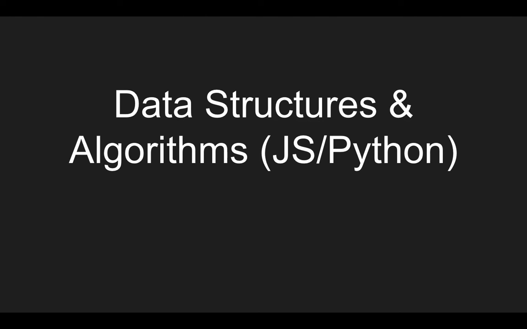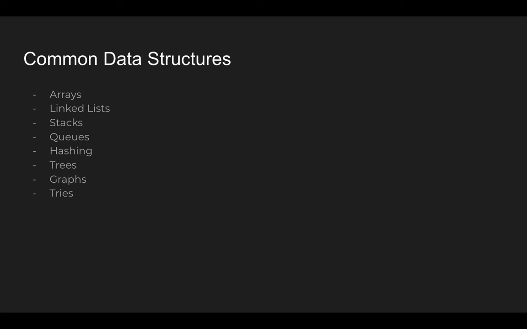Say some stuff like OOP, generally how classes work, how inheritance works, and all that. And these are some of the common data structures out there. I think it's pretty easy until hashing and hash tables, and it gradually gets tougher from trees, graphs, and tries.